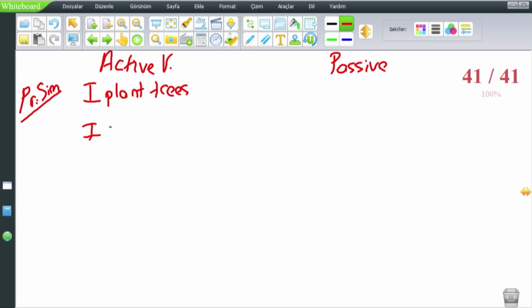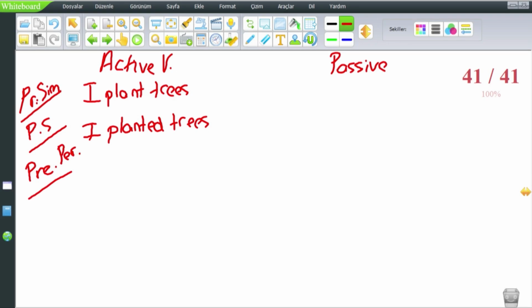I planted trees, which is in past simple. Present perfect: I have planted trees.